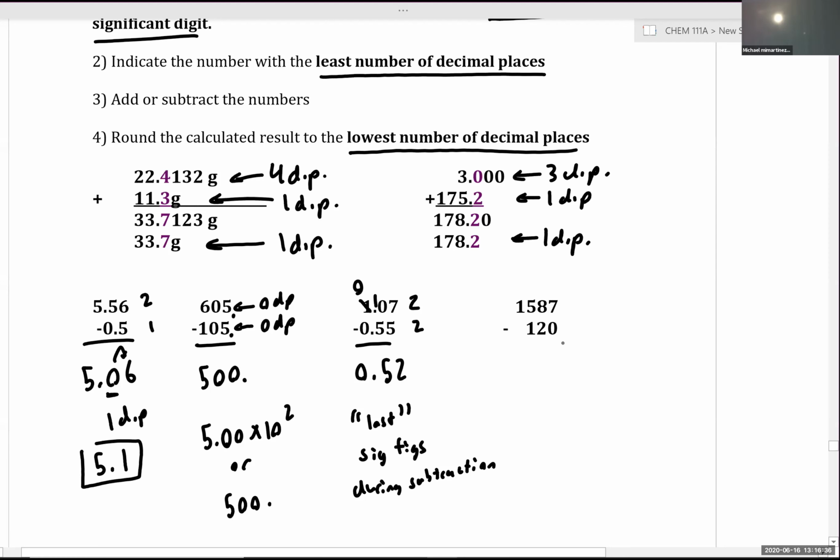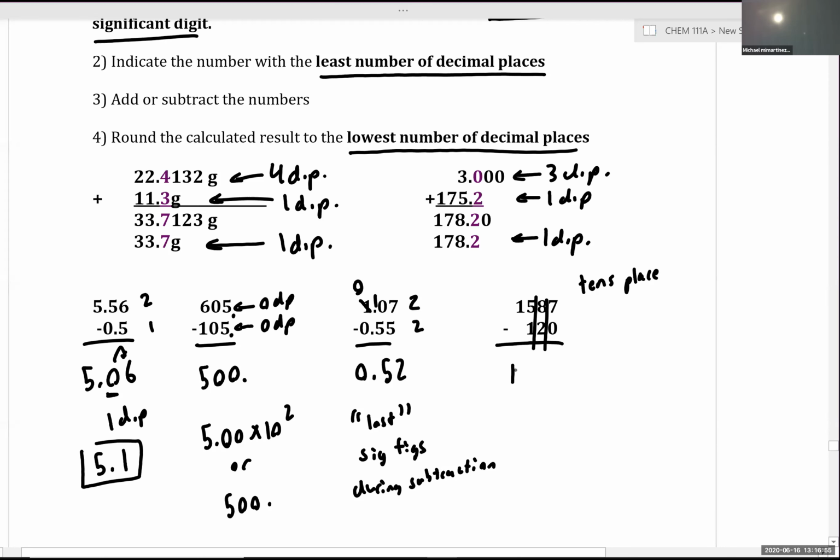Let's look at this final example. So first and foremost, we identify the last significant digit. So in this case, the 2 is the last significant digit in 120. So we're gonna report up to the tens place of precision.